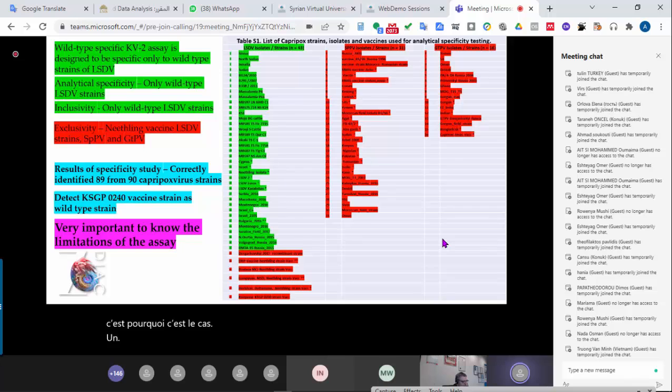There are also several papers describing these strains as inadequately attenuated, sorry. So that's why our assay detected it. But it is very important to know the limitations of the assay.